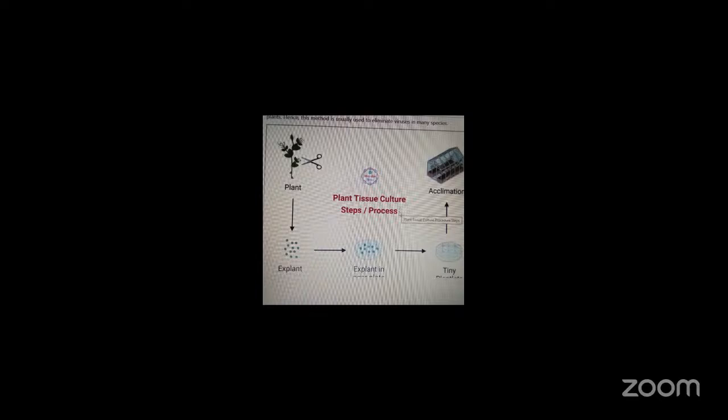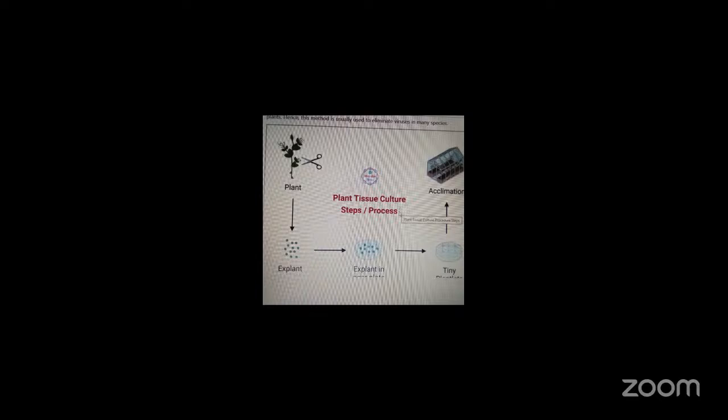Another one is the micropropagation of plant materials. In micropropagation, we have to conduct tissue culture.